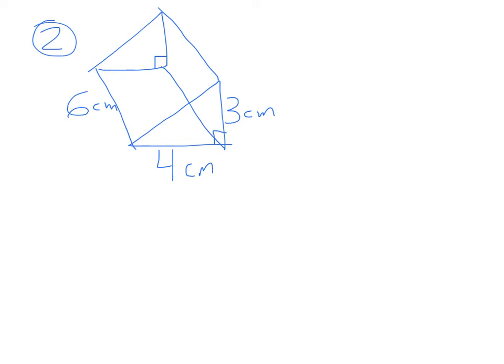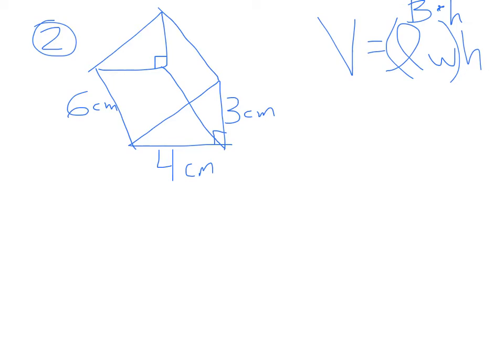Alright, and on this one, this is finding the volume of the triangular prism for number 2. Much like the last one, you don't have to write this down, but the last problem we did was a rectangular prism, and we used the formula LWH. And what I want you to know is the LW is really a big B, and big B stands for the area of the base.